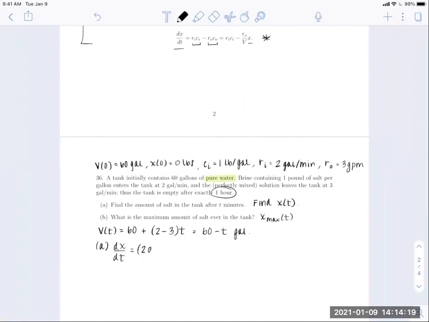I'm going to leave all of my units on here for a moment, but I'll drop them in a bit. 2 gallons per minute times the concentration in, 1 pound per gallon, and then minus, I'm going to use this simplified version, the rate out, which is 3 gallons per minute, divided by the volume, which I have just written as 60 minus T gallons, and then times my X of T. That's what's unknown.